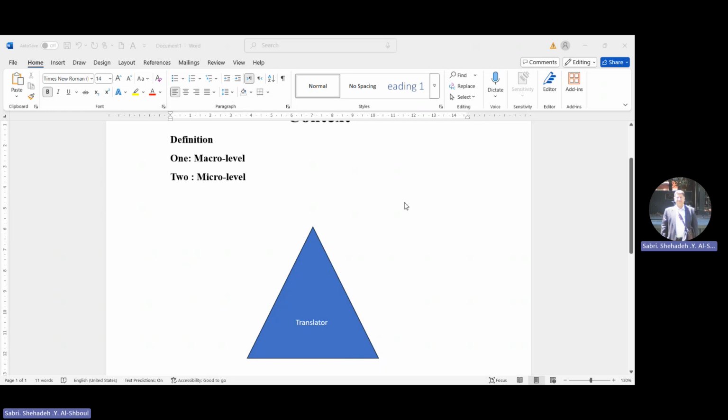We have the macro level context, and we have the micro level context in translating, or in the translating activity. At the macro level, context in general, we talk about the idea that a context can be analyzed into different factors, or four factors, or four elements.